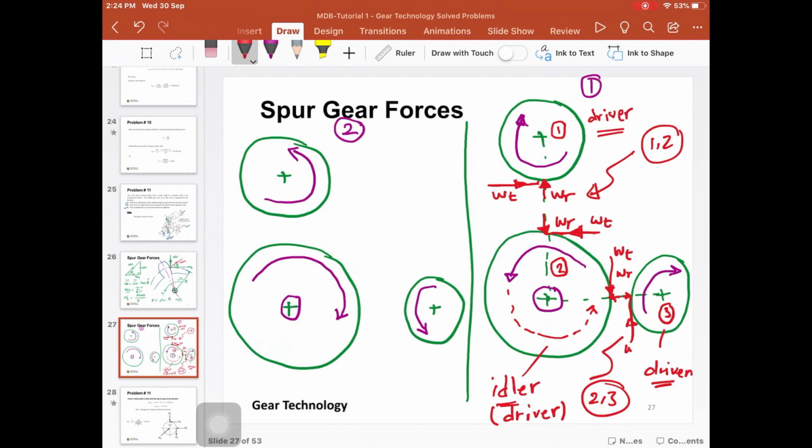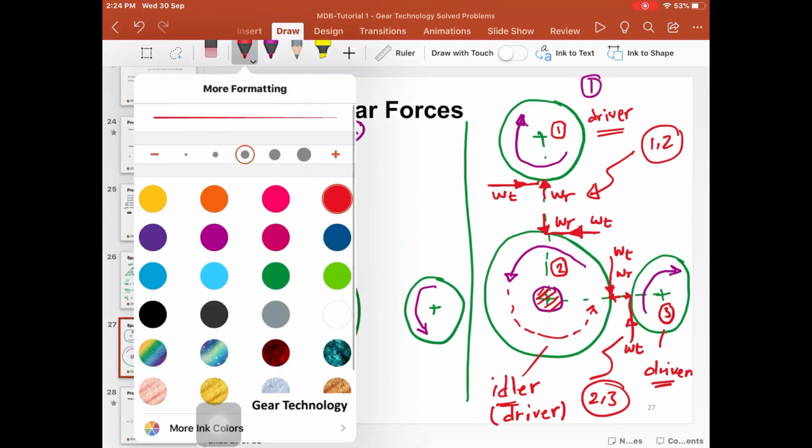For the driven gear, it goes in the same direction. So this is Wt. Now, how are these forces going to be transmitted to the shaft of the idler gear? This is our next step.